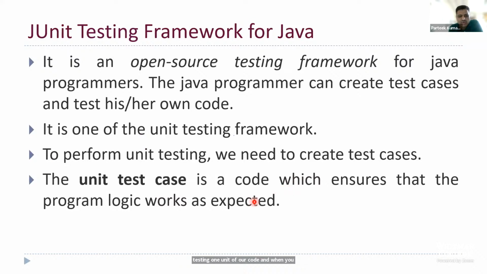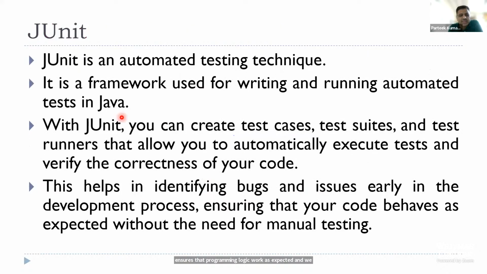When you test a particular unit, a particular class, or a particular function, it is called unit testing. Unit testing is code which ensures that program logic works as expected, and we test it unit by unit. In this session, we are going to discuss JUnit. This is an automated testing technique, a framework for writing and running automated test cases in Java.